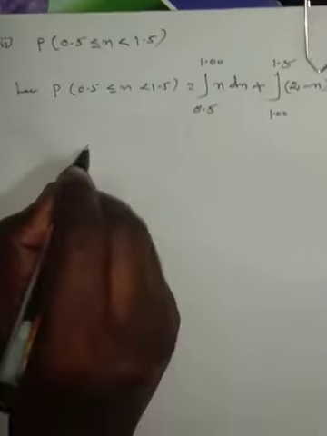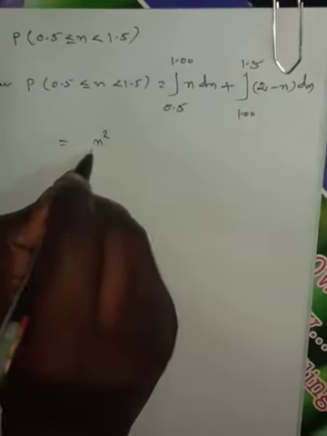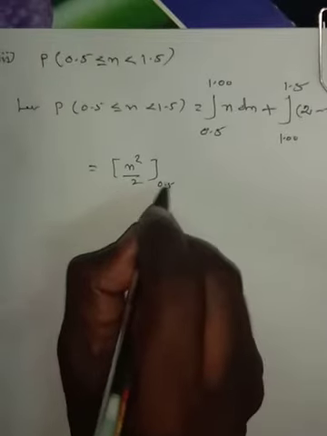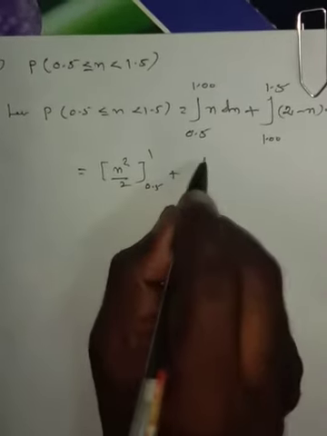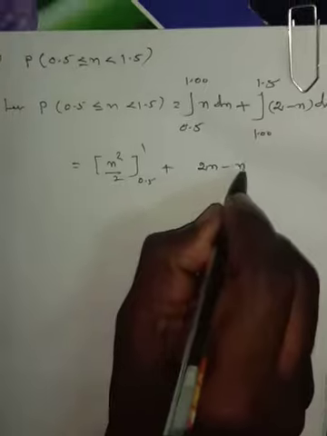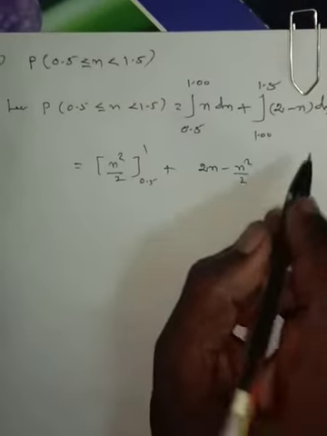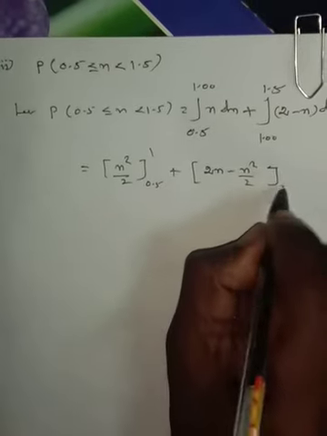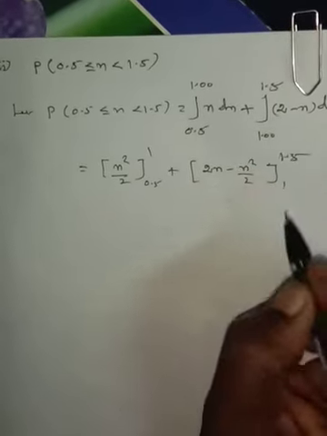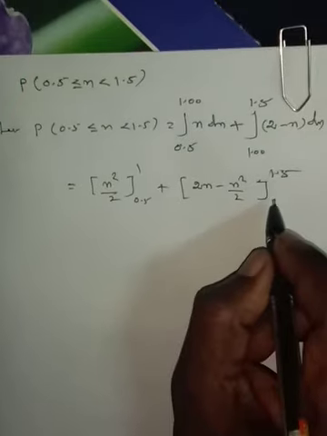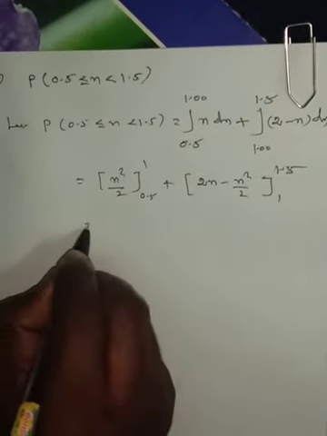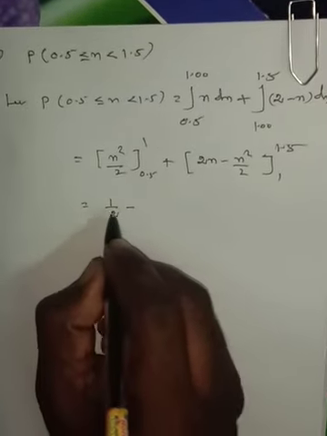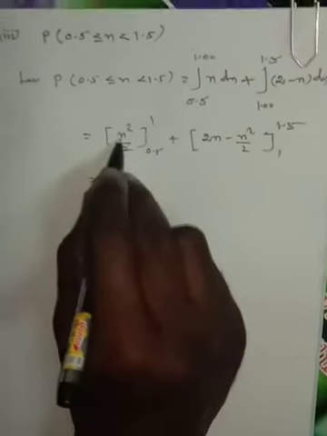Is equal to x square divided by 2 taken over the limit 0.5 to 1, plus 2x minus x square divided by 2, 1 to 1.5. Apply upper limit: 1 by 2 minus 0.5 whole square by 2.